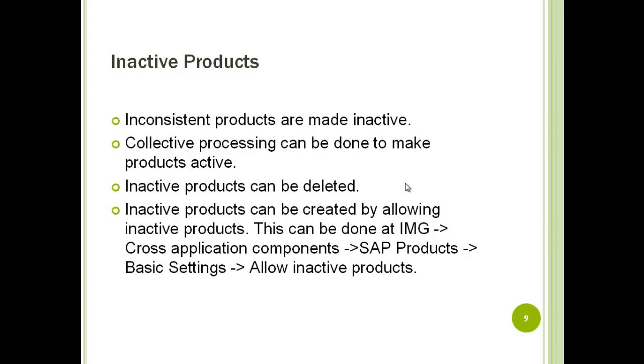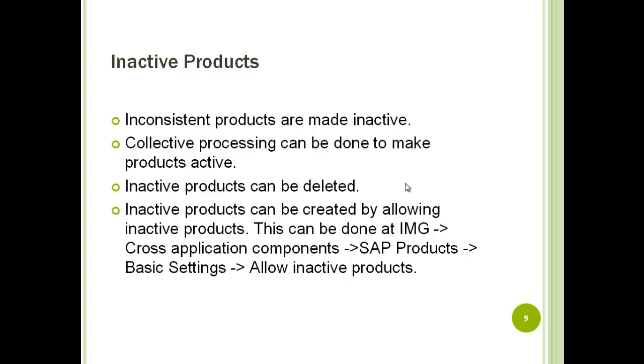If product information is incomplete, what options do we have? SAP CRM product master allows you to save products with incomplete information. You can save these as inactive products, and later when all the information necessary for business processes is available, they can be updated and used in different business processes.